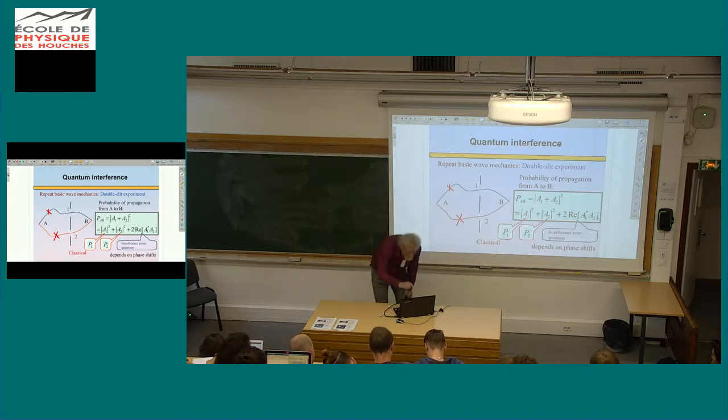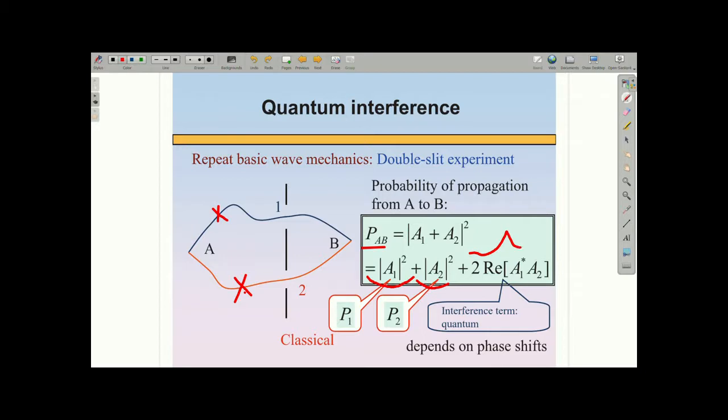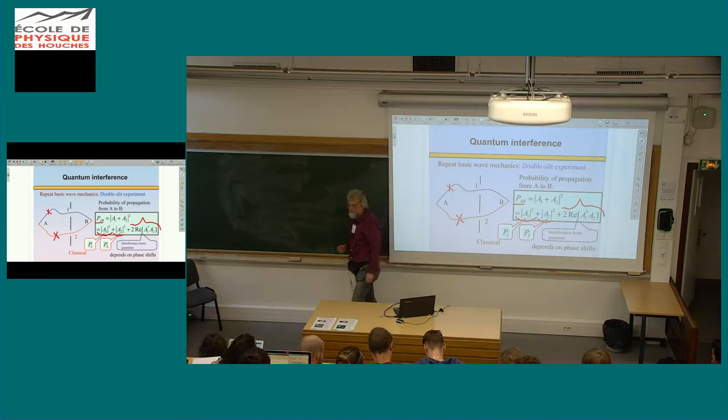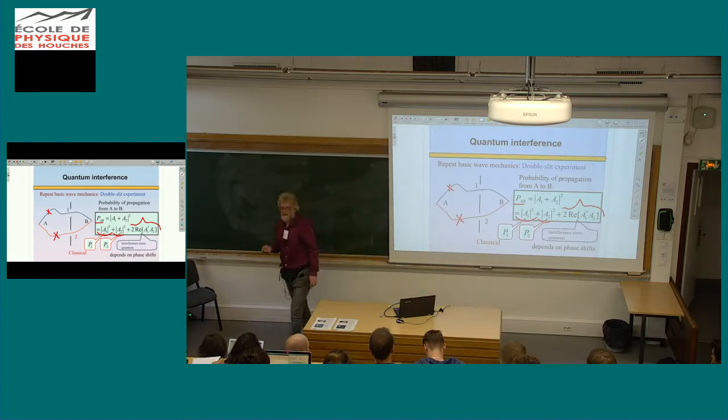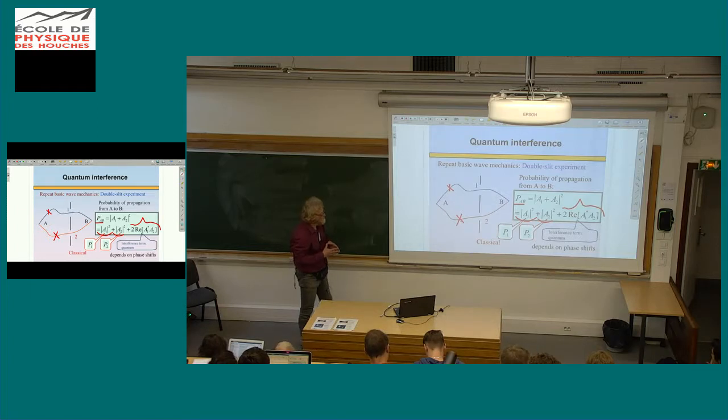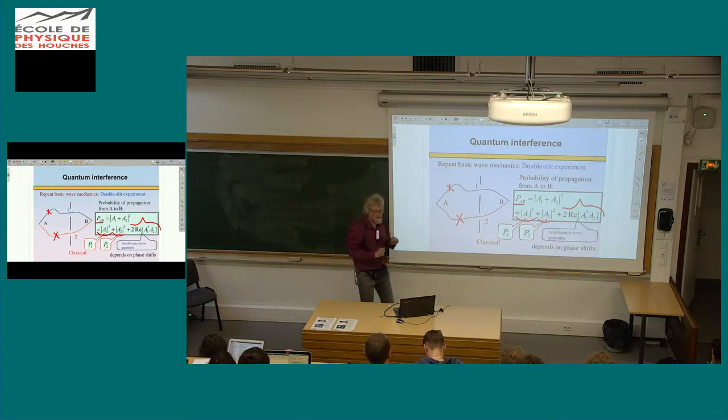It means that the total probability is a sum of two probabilities plus an interference term, that depends on phases of the scattering amplitudes. The probabilities are just moduli, they don't depend on phases. The interference term manifests the phases of the scattering amplitudes. All right?